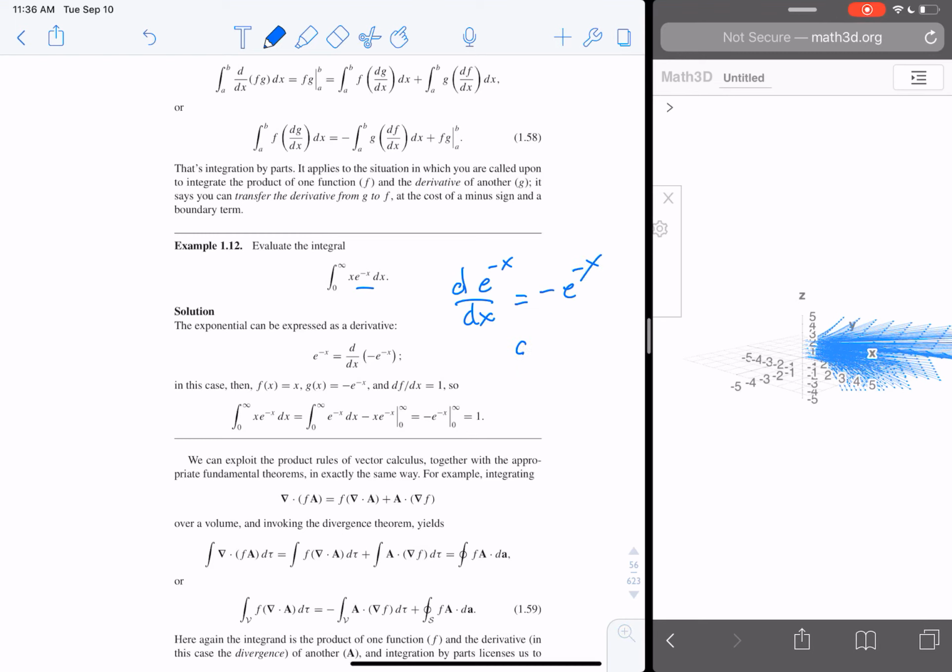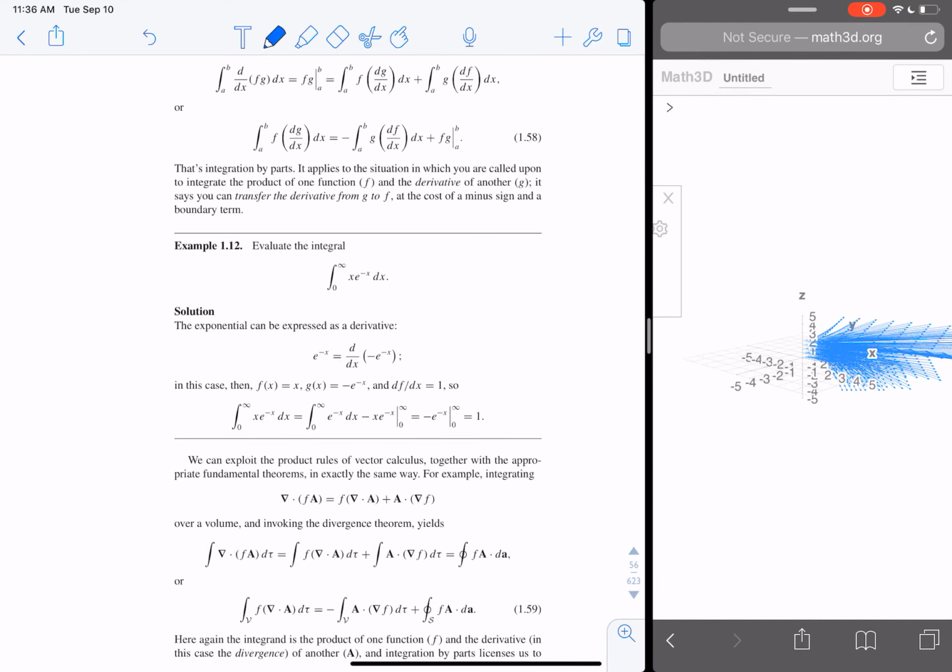So then e to the minus x is equal to the derivative of minus e to the minus x dx. Okay, so we're saying that this is g, and so then dg dx gives us this one. Okay, so that's how we're defining our variables there.